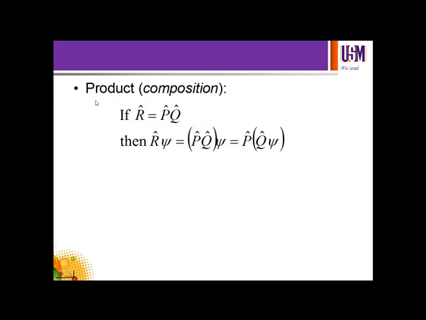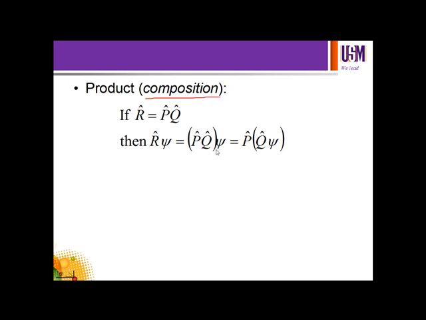In the product operation, or sometimes called composition, you have operator R equal to operator P operator Q. Then if you do some mathematical operation involving this operator with respect to the wave function psi, the R there you can replace with P operator Q, then wave function.